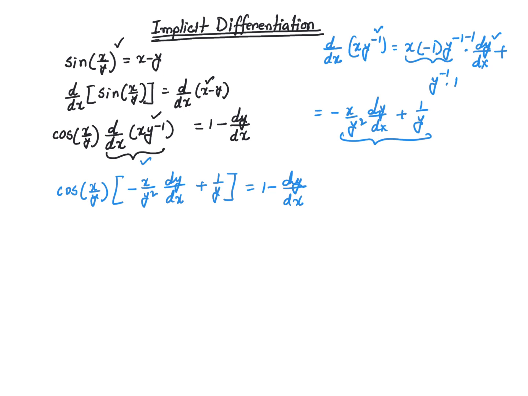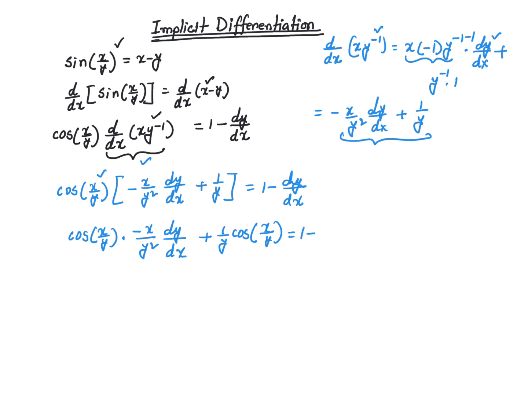So now let's see, if I distribute this, what do I get? Cosine of x over y times negative x over y squared dy over dx plus 1 over y times cosine of x over y.